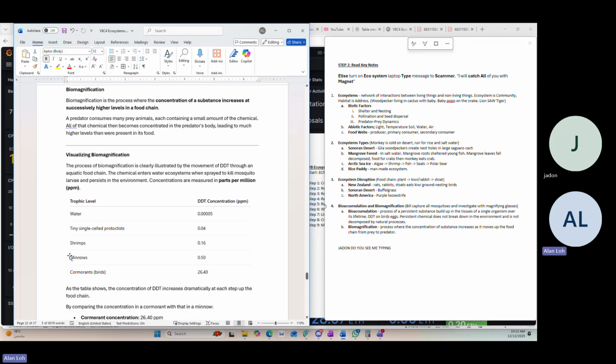Then the minnows are fish. Fish eat shrimps, and because they eat so many shrimps, the DDT concentration in the fish's body is higher than in the shrimp. And then the bird eats the fish, so the bird is even higher. So the higher the food chain, the higher the concentration of the DDT. This process is called biomagnification. Okay? Do you understand?